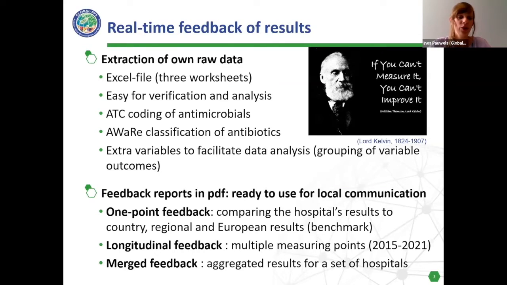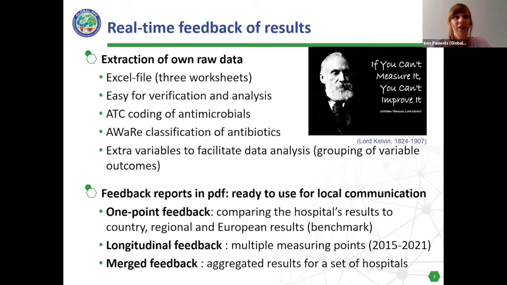And then afterwards you can use it as a database in case you would like to do your own analysis. We have made the Excel so that it is as easy as possible for you to do your own analysis. We've added some extra variables, such as the ATC code and the AWaRe classification to help you with that. And I will talk a little bit more about the AWaRe classification later.